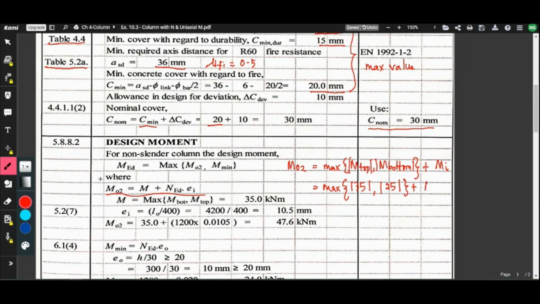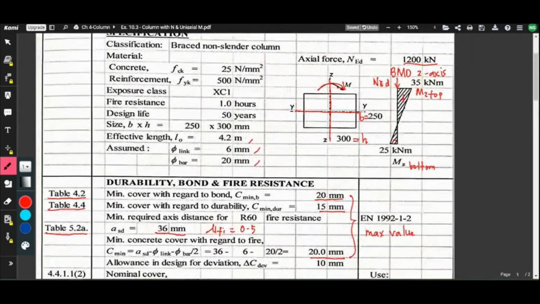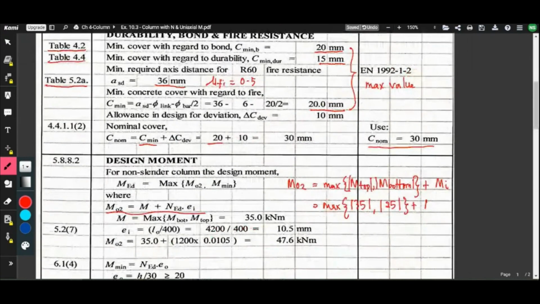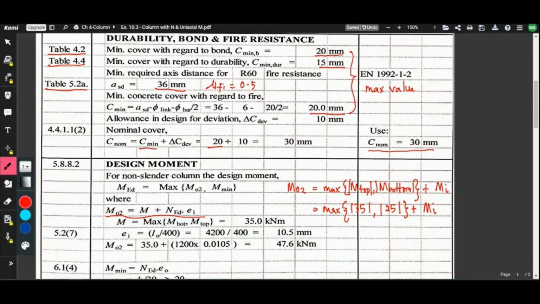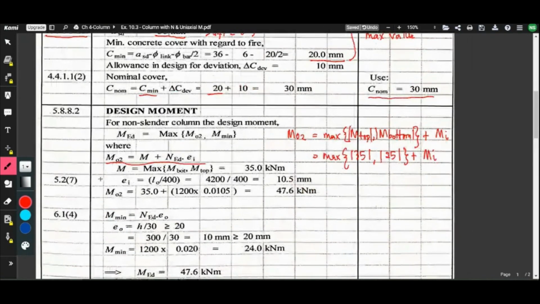NEd is 1200. Maybe we can calculate that separately.